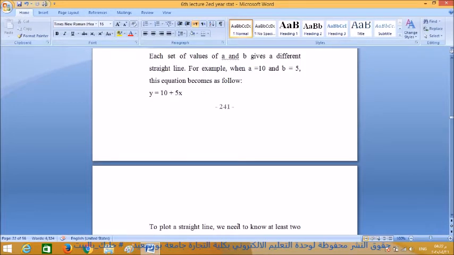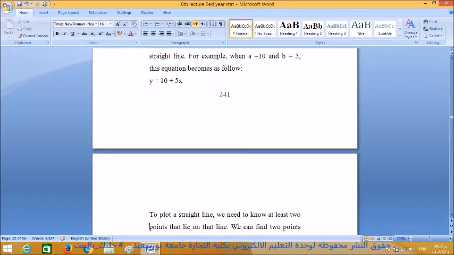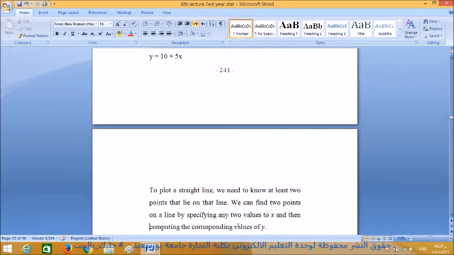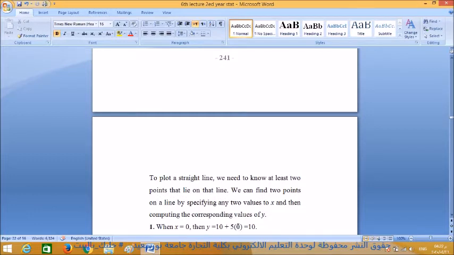To plot a straight line, we need to know at least 2 points that lie on that line. We can find 2 points on a line by specifying any 2 values for x and then computing the corresponding value of y. When x equals 0, then y equals 10.